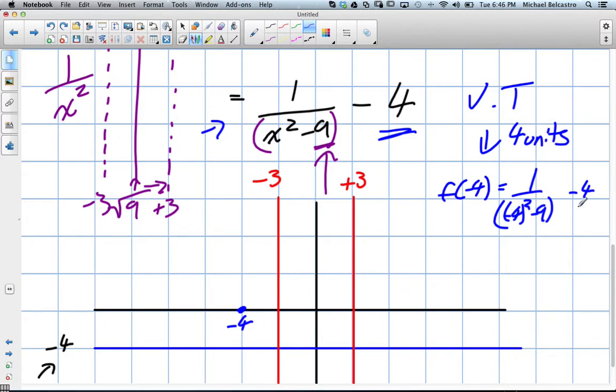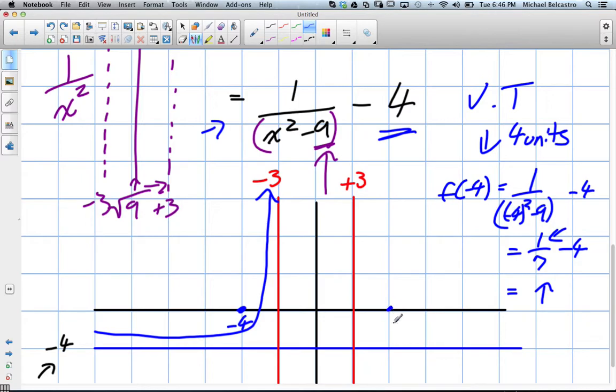Either way, we need to figure out if we're above not just 0 itself, but negative 4, so let's be very accurate. 16 minus 9 is 7, so we get 1 over 7 minus 4, which means we're going to be above negative 4, because this is a little above negative 4. So we're on the plus side of this, and we're probably having something that does something like this at this point.